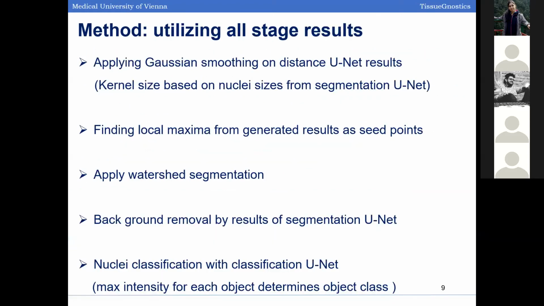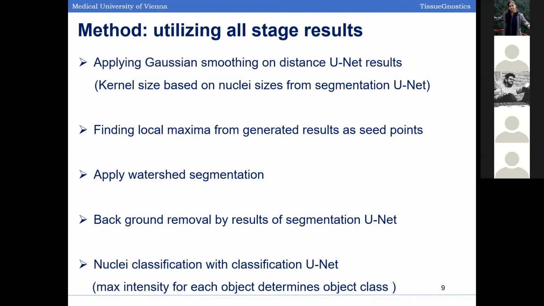When I train this model, I then try to merge the results from all these three stages to form the final segmentation results. First, I applied a Gaussian smoothing filter on the results of the distance unit, and the kernel size of this Gaussian smoothing filter was determined by the results of the segmentation unit. Then from the modified distance maps, I find the local maxima and feed them as seed points to the watershed algorithm.